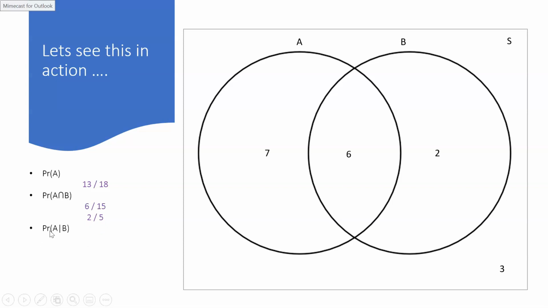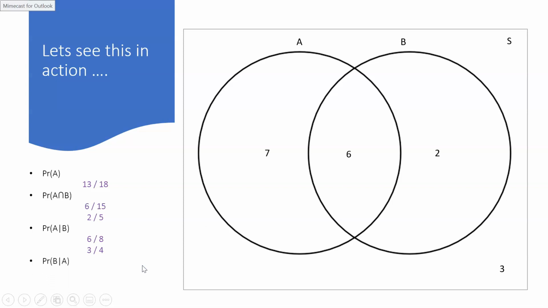All right, so what's the probability of A occurring if B has already occurred? Our intersect section is 6 and our total for B is 8. Remember we're looking at the intersect out of B. So 6 out of 8, and we can simplify that.